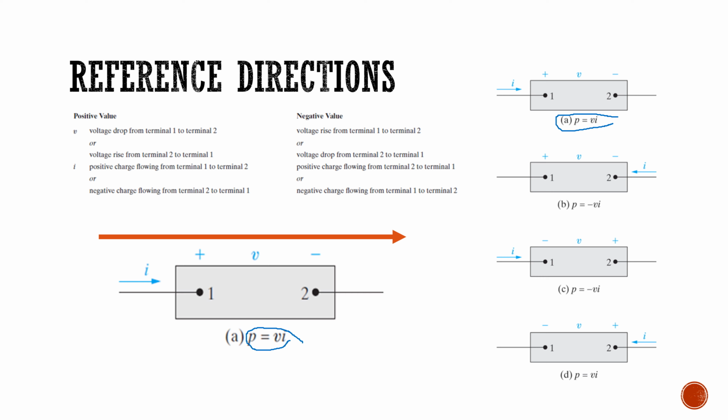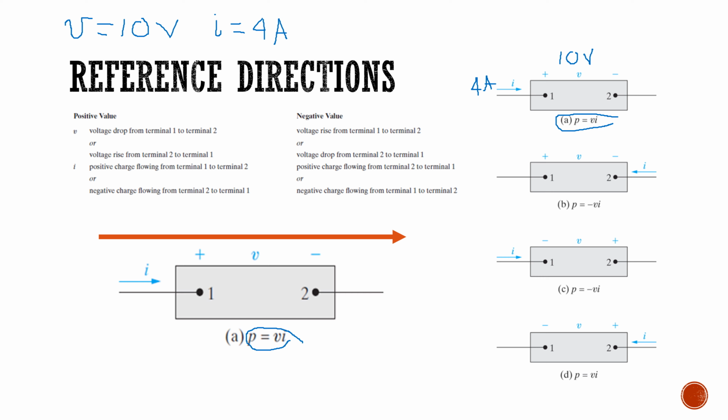If our voltage is assigned a value of 10 and our current is assigned a value of 4 amps, then in each of these pictures, our current is positive 4 amps and our voltage is positive 10 volts.